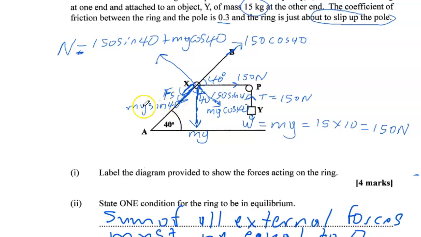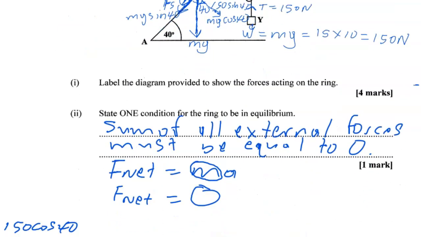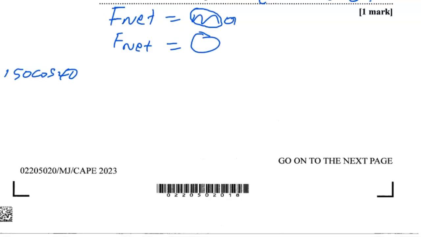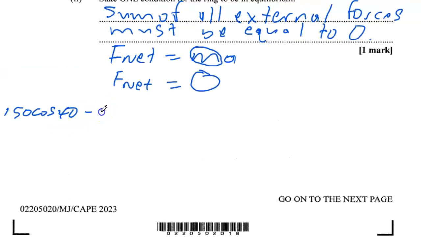The friction and the weight of the ring are resisting the motion of the 150 cos 40. So we subtract friction, static friction. We subtract also mg sine 40, and those should be equal to 0.